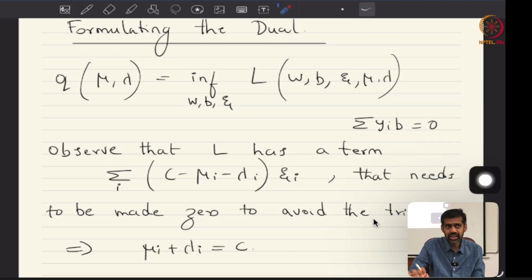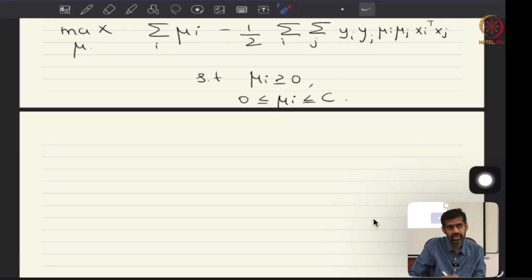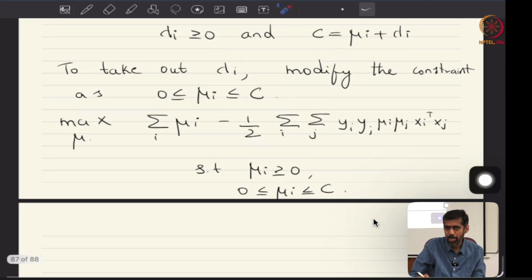So formulation-wise, you got the exact same problem with an additional constraint on mu. So this is about the max margin classifier with a slack formulation. In fact, it is very interesting that given a problem, we will not even know how many slacks were chosen and what values the slacks have for every data point.